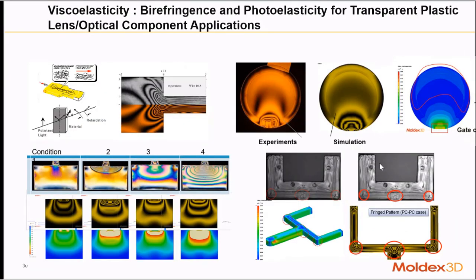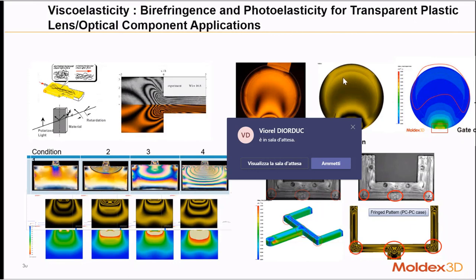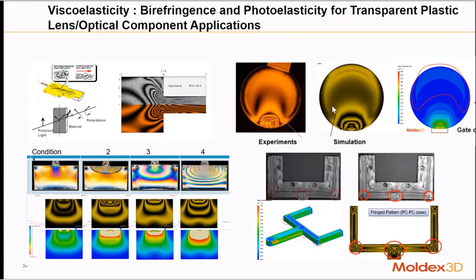And this kind of data is important for transparent plastic lens or optical component applications, because in these applications, usually the optical performance or the photoelasticity or the birefringence distribution is very critical.